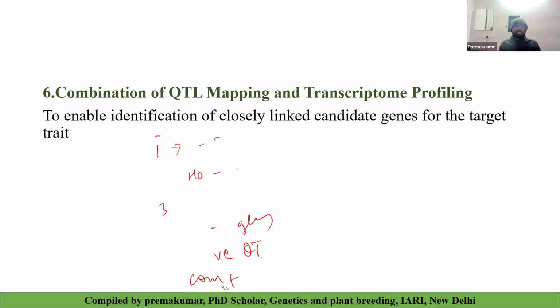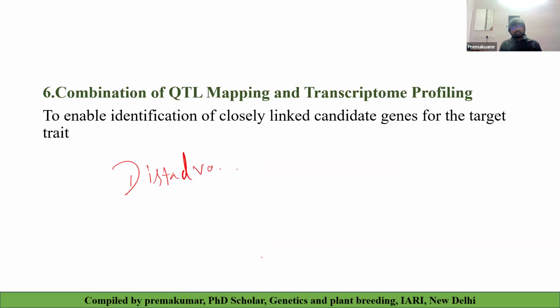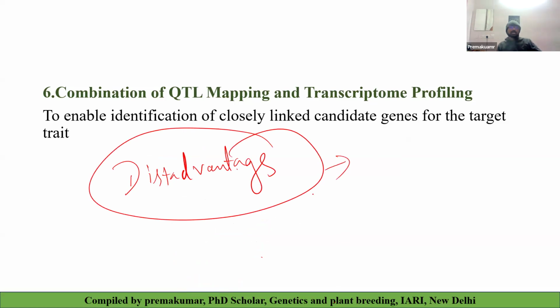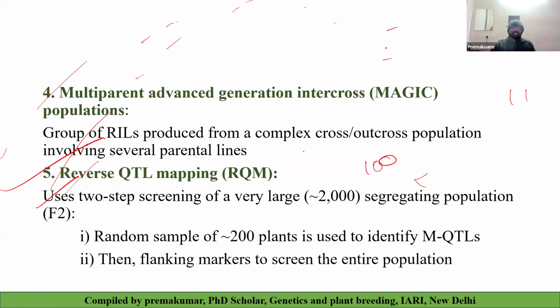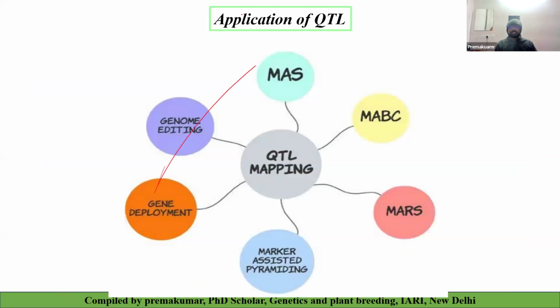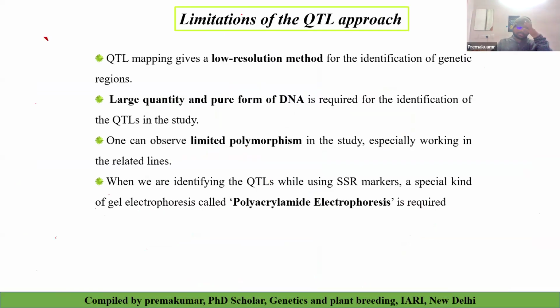This is about QTL fine mapping. What are the disadvantages of QTL mapping? We discussed the advantages, how to use it in plant breeding, and the applications in detail. What are the limitations?